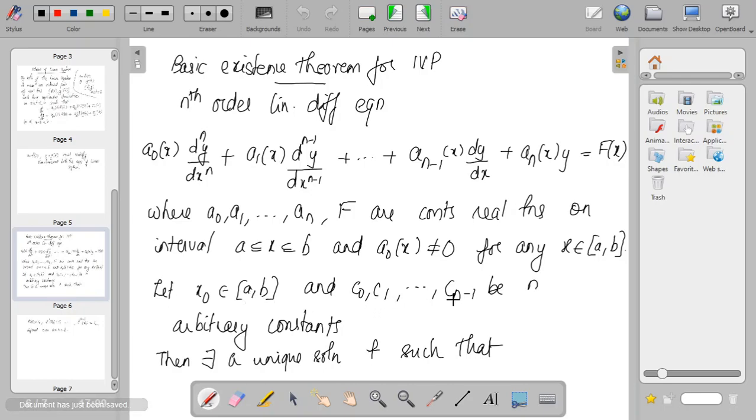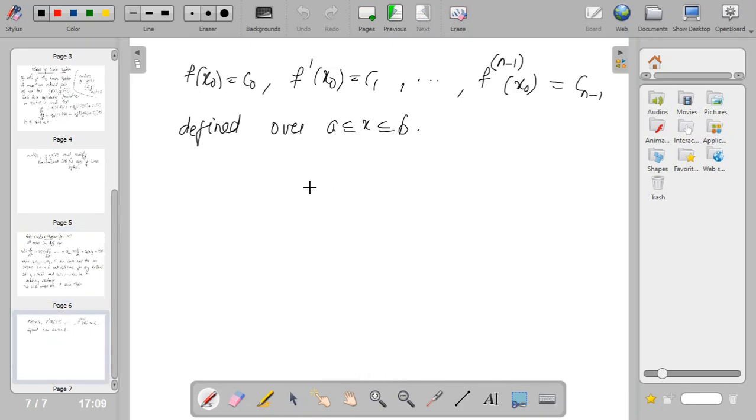and for any arbitrary constants C0, C1, ..., Cn minus 1, there will always exist a unique solution f satisfying f of x naught equal to C0, f dash of x naught equal to C1, up to f^(n minus 1) of x naught equal to Cn minus 1, defined over the interval a less than or equal to x less than or equal to b.